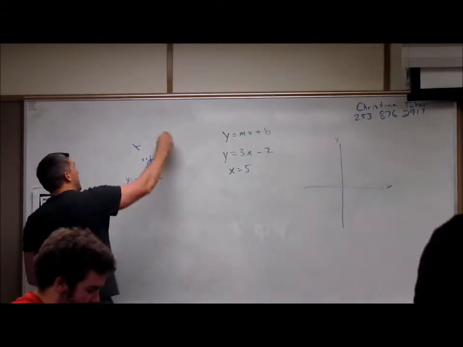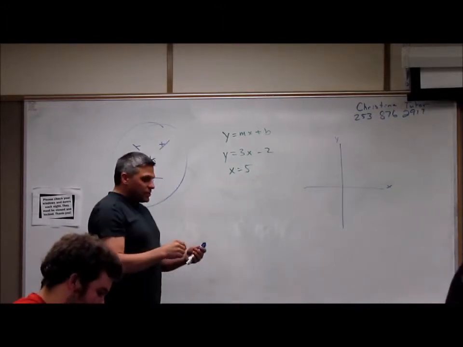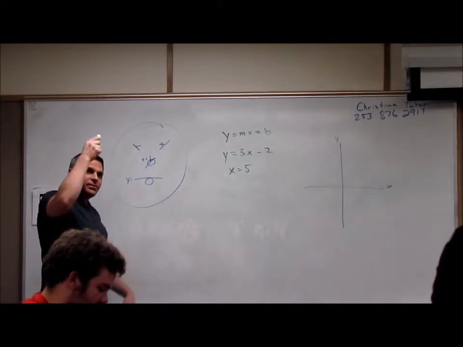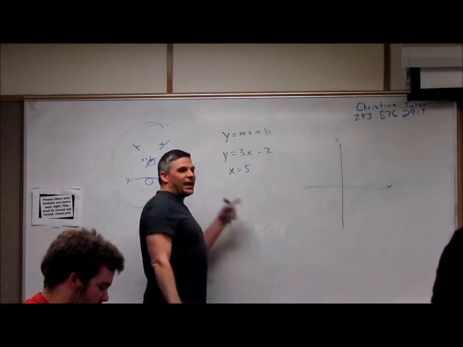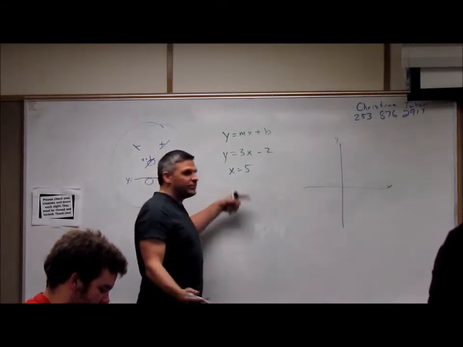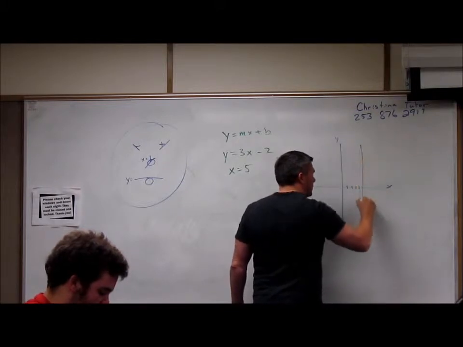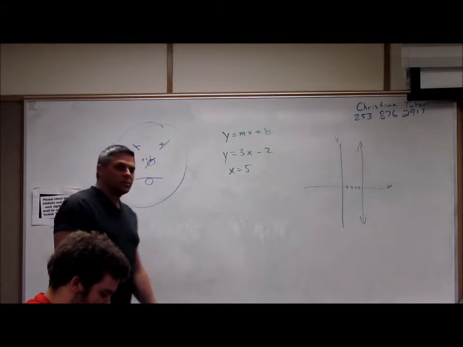Okay? So a nice face to remember. So now I have x equals a number, so I know it's the nose, which means it looks like a nose. So I know this thing's going to be straight up and down at 5. So 1, 2, 3, 4, 5. And there's my line. Not hard.